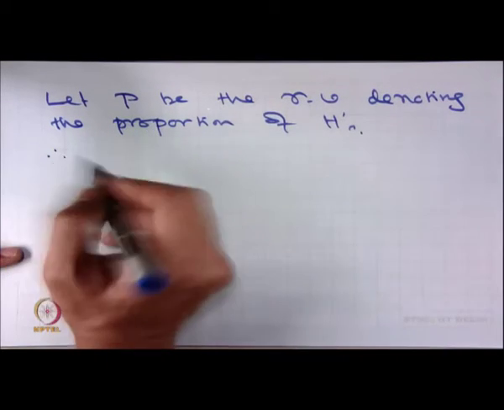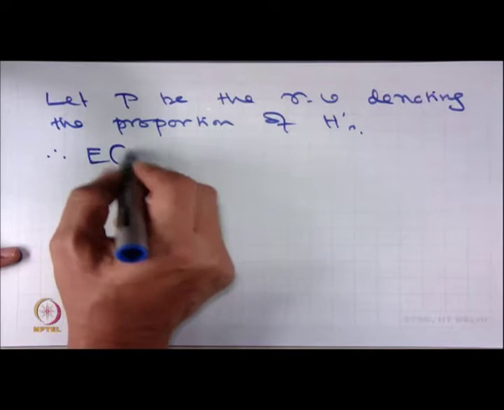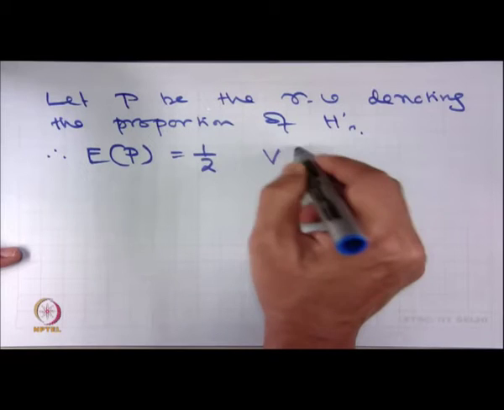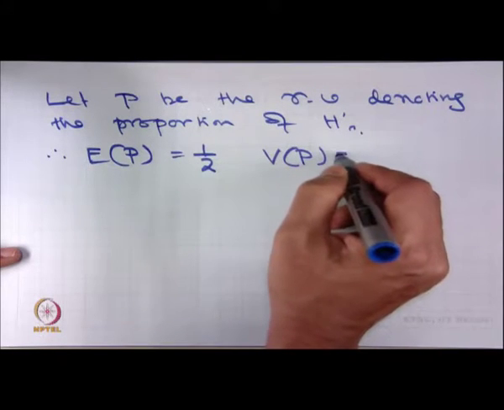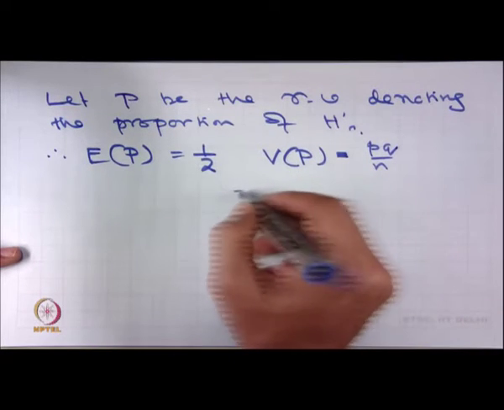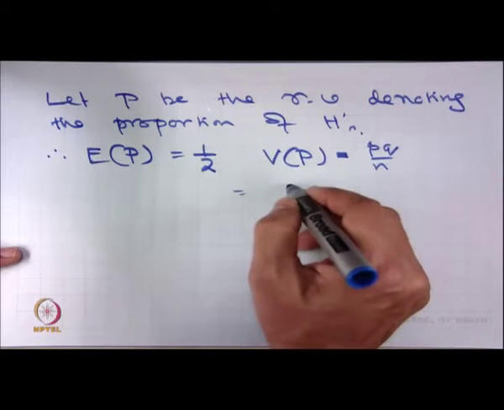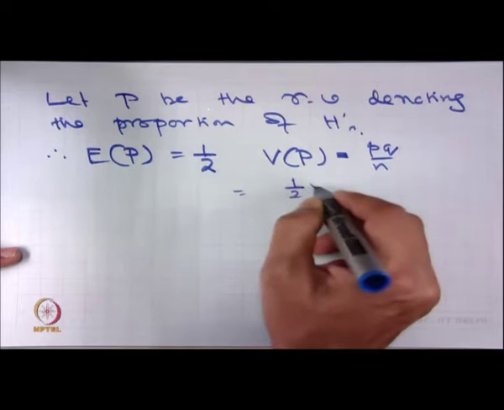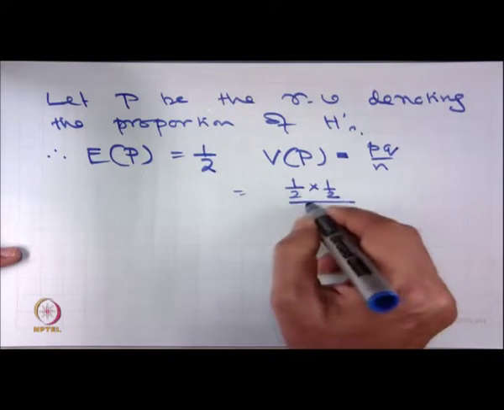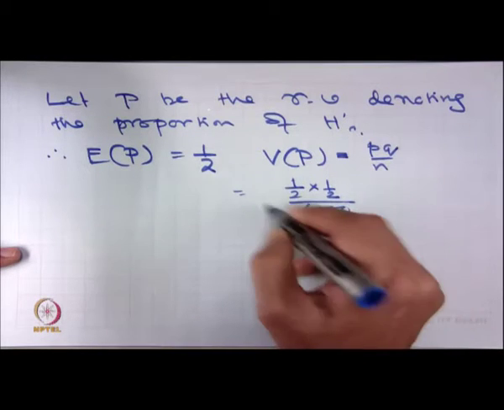Therefore, expected value of p is equal to half and variance of p, as we know, is equal to pq by n, which is equal to half into half divided by 4,000.